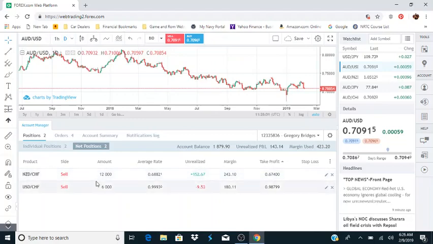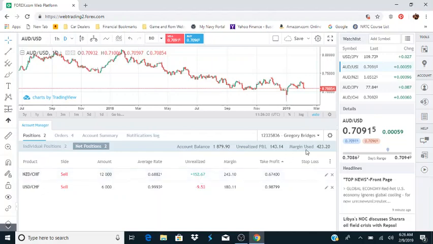So off this particular trade of 12 units or 12 cents for the New Zealand and the Swiss franc, I'm up $152.67. And then if you look at this trade right here for a sell, it's the US dollar versus the Swiss franc, and I'm down negative $9.53. So the difference between 152.67 and 9.53 is 143.14, right?